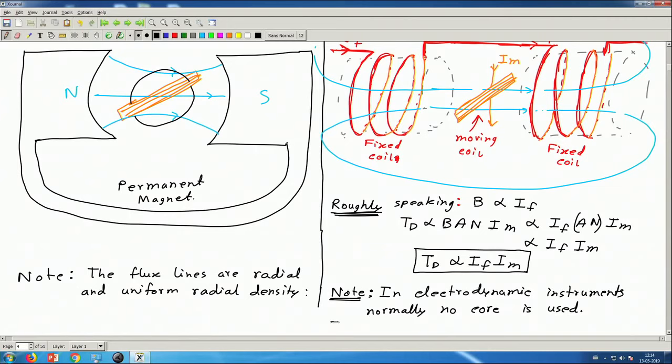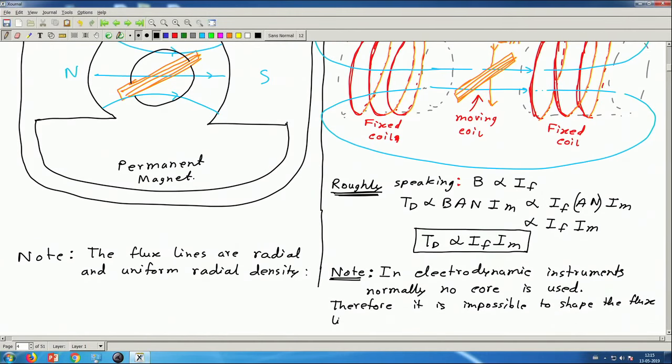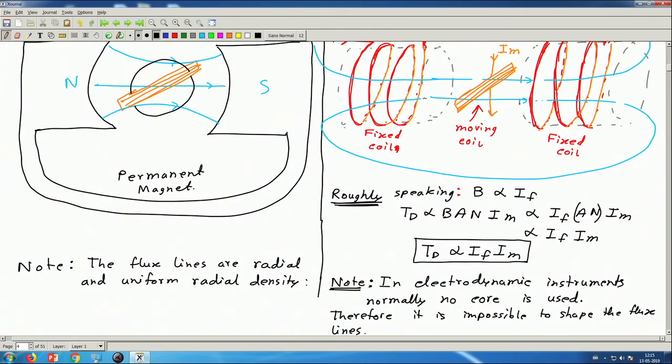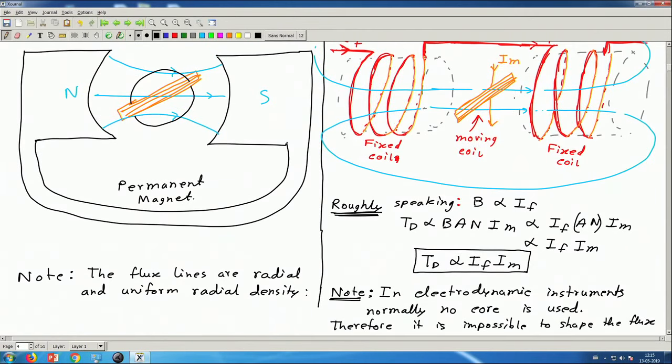Therefore, it is impossible to shape the flux lines. So, flux lines are not radial, the flux may be non-uniform, it may be non-radial.